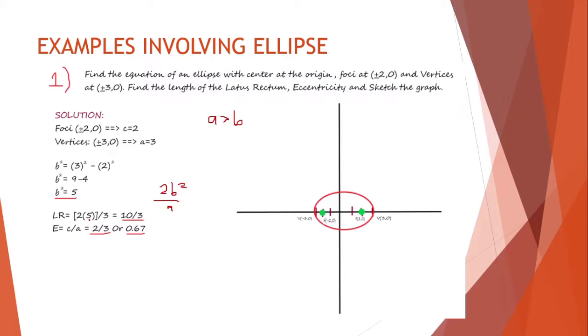We no longer square it; the square of the square root of 5 is automatically 5. So 2 times 5 is 10 over 3. Since 10 is not divisible by 3, I wrote it that way. Next, the eccentricity is 2/3, or c over a. If we convert it to decimal, that is the result.